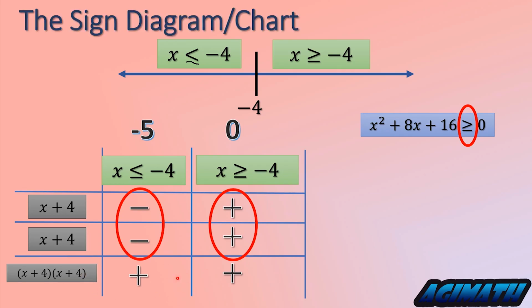So what we are looking for is a positive sign. And if we look at this part, they are both positive. Meaning, this interval is a solution. The other interval is a solution. But in every interval, since negative 4 is included, all the numbers on the number line are included.